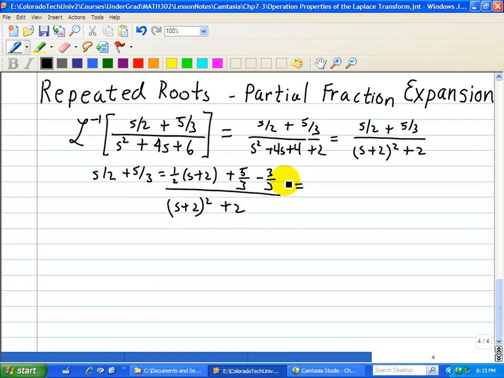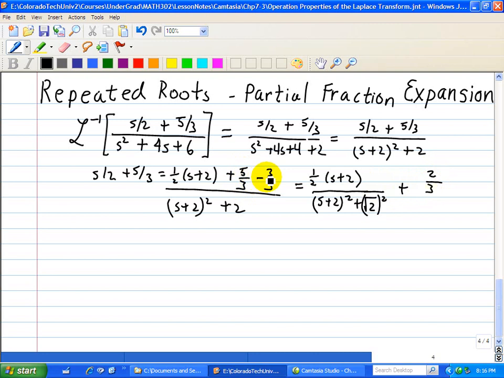Well, this equals 1/2 (s plus 2) all over (s plus 2) squared plus the square root of 2 squared, and we'll put it in the form of either the sine or cosine of square root of 2 squared. So that's plus 2/3.